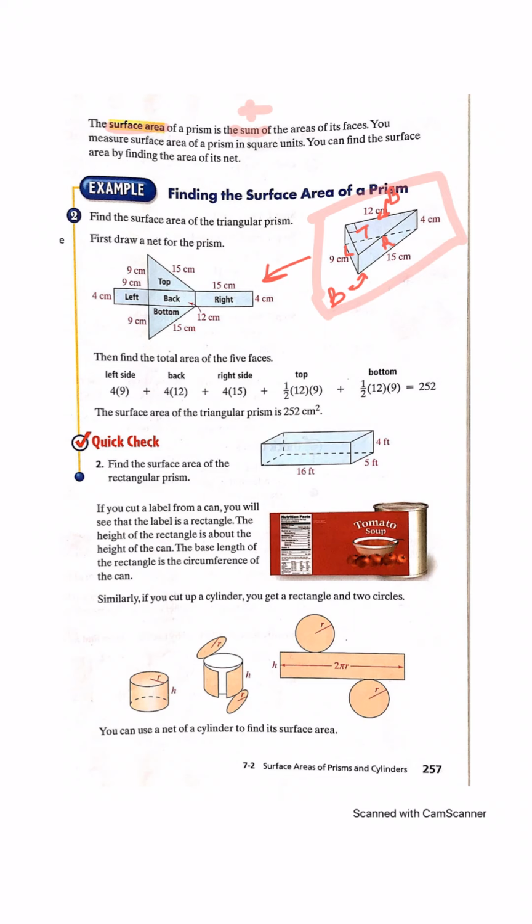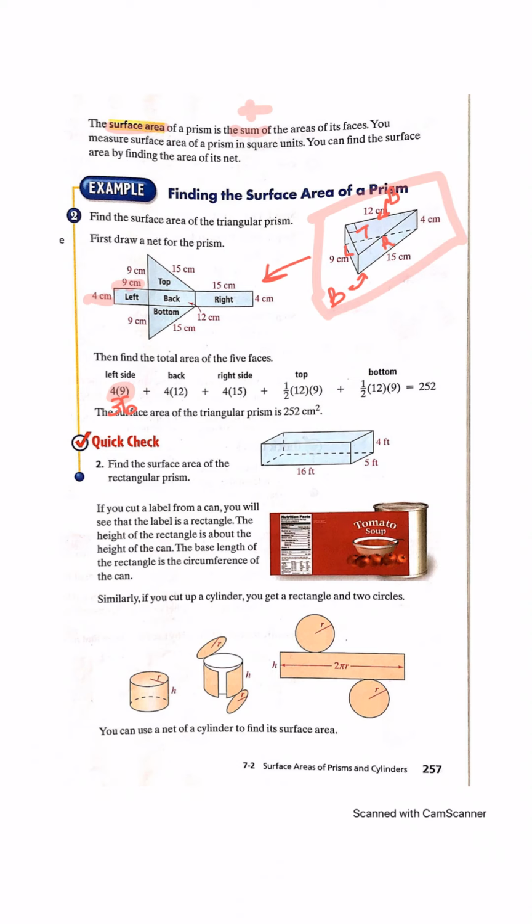And then they've given us the measurements for each of those. So then find the total area of the 5 faces. So this left side is 4 centimeters by 9 centimeters. So 4 times 9 is going to be equal to 36, plus the back.